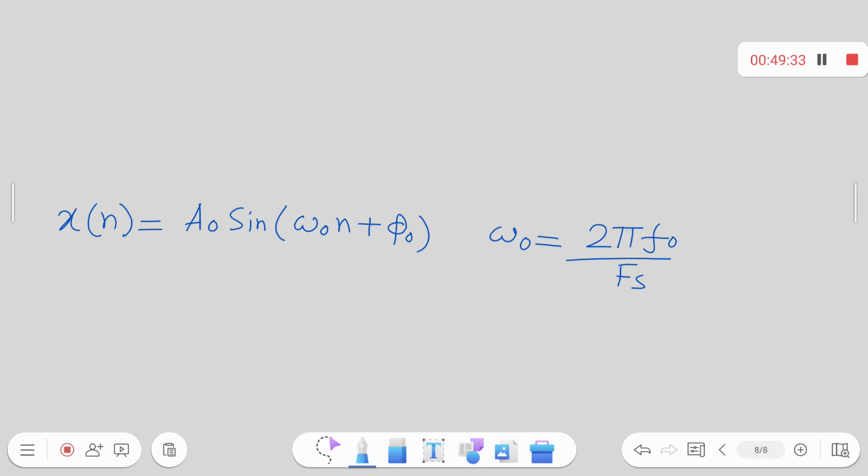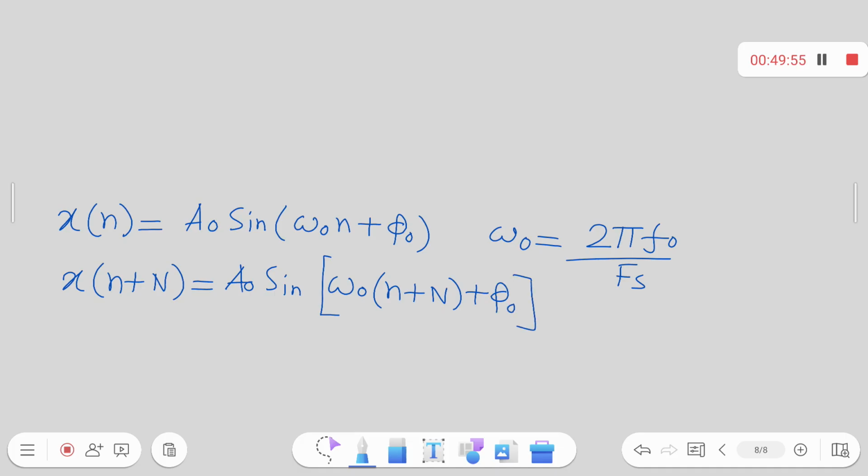So I have to find out x of n plus capital N. That will be A naught sine omega naught into n plus capital N plus phi naught. I can write this as A naught sine omega naught n plus phi naught plus omega naught capital N.